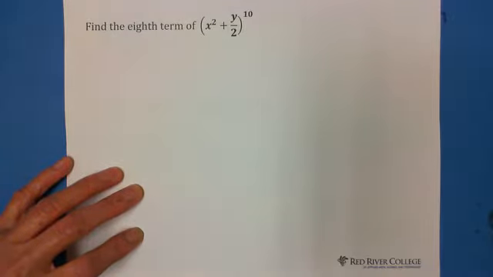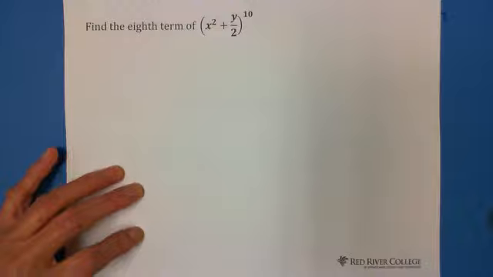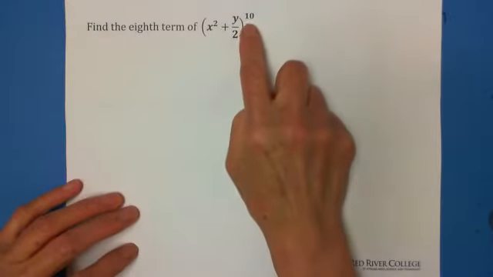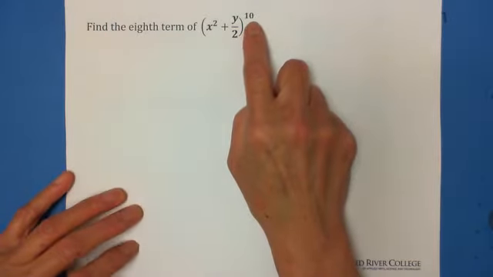So we need to use the pattern, and the Pascal triangle can give us some help. First of all, we need to know that with a 10 exponent, there are 11 terms.